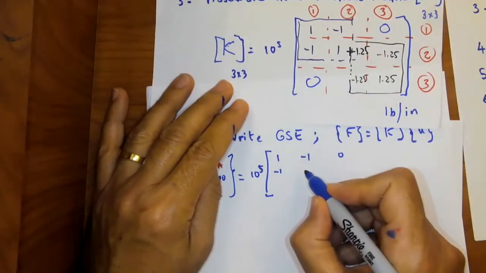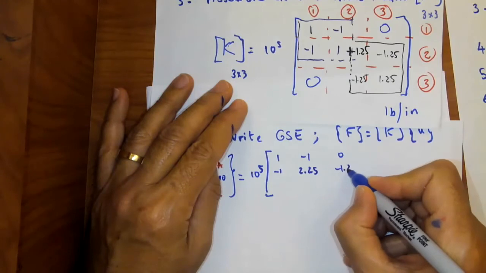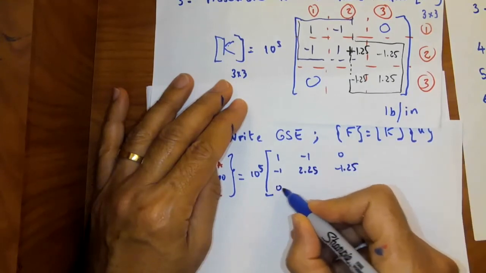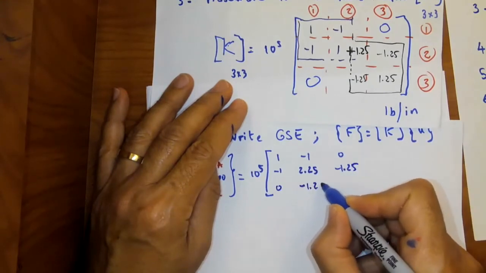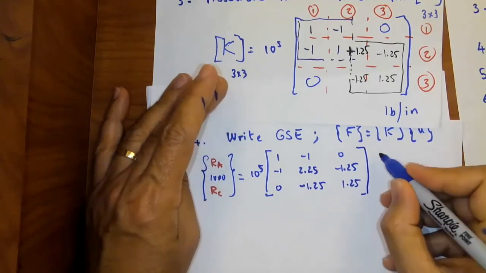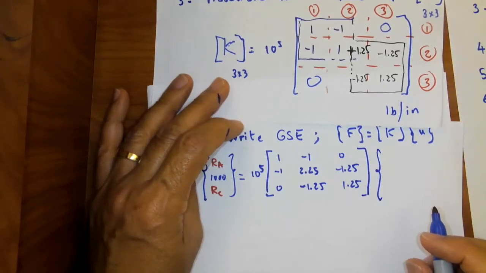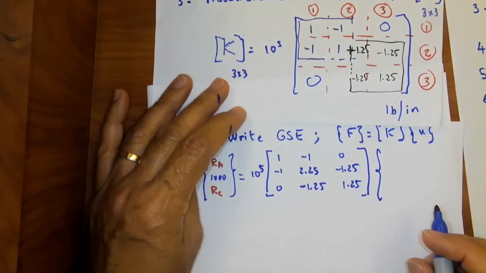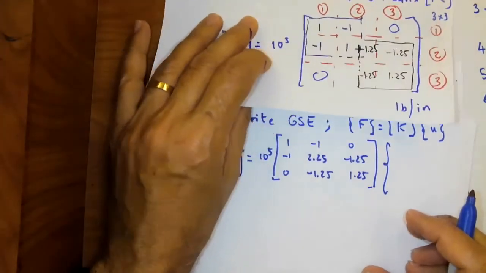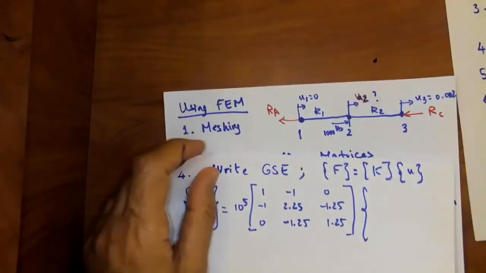So here I have a 2.25, minus 1.25, 0, minus 1.25 and 1.25. This is multiplied by my nodal displacements. Okay, looking back at my original mesh.